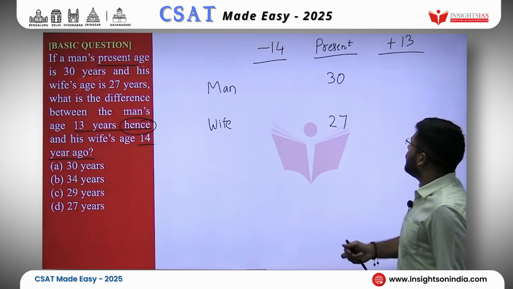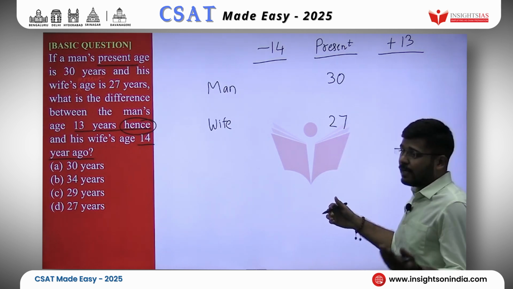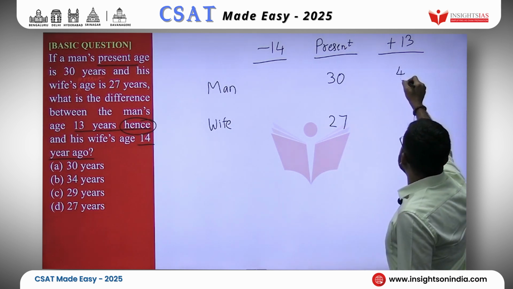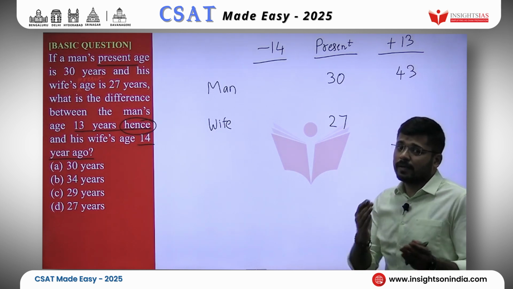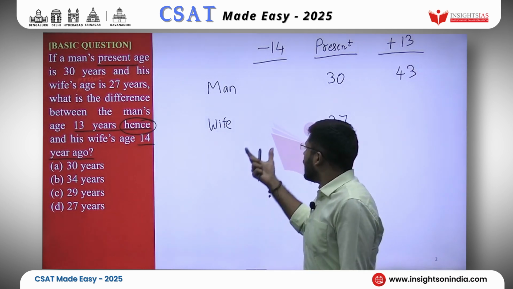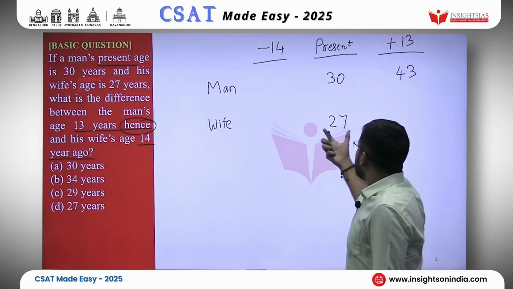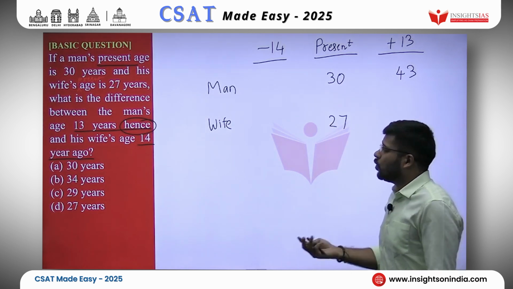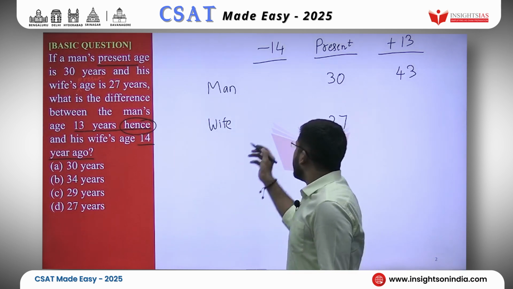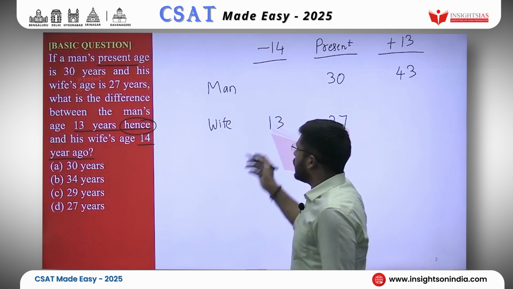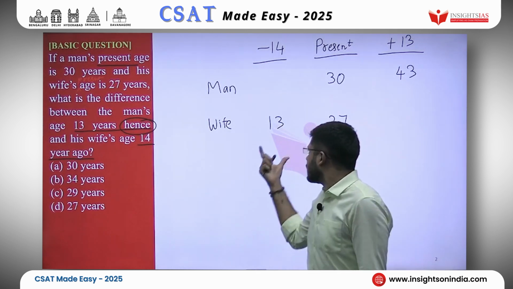If his present age is 30, after 13 years his age would be 43, right? 30 plus 13, 43. And if the wife's age is 27 now, 14 years ago it would have been 13, right? 27 minus 14, 13.